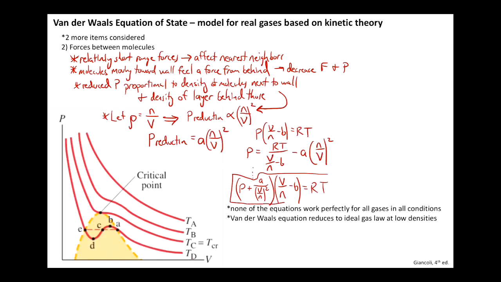There's nothing really there except readjusting a couple of things, so we get our PV term back on the left together like we have with the ideal gas law. This is what's known as van der Waals equation of state.